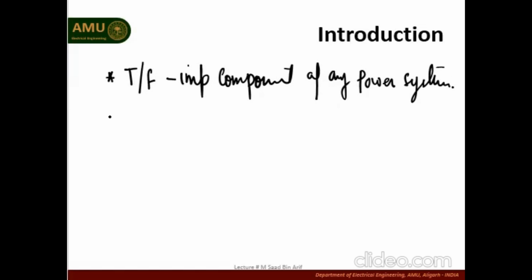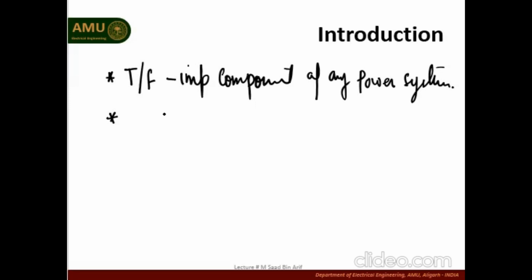If we talk about the structure of a transformer, you will find that the transformer basically consists of two electric circuits that are linked by a common magnetic circuit. As you studied a magnetic circuit in the previous lecture, we basically use a core in order to establish a magnetic path for the flux.